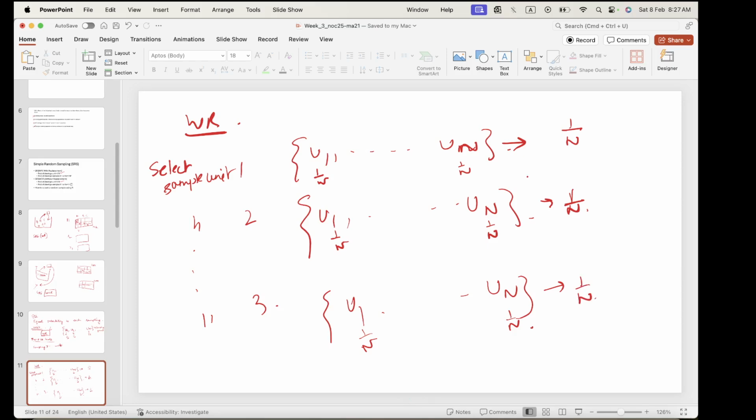So probability of selecting a particular sample is actually 1 by n whole to the power n. This is the probability of selecting a sample of size n.